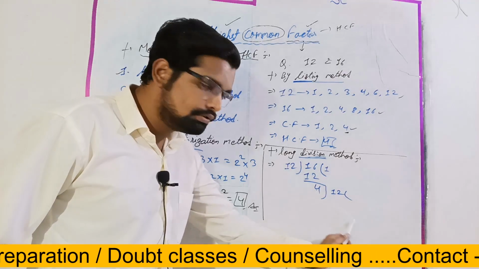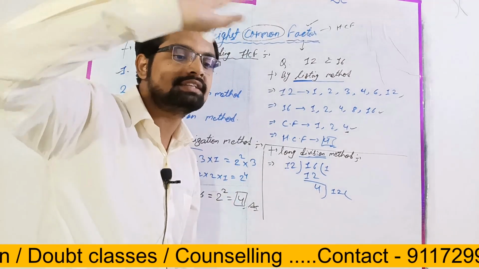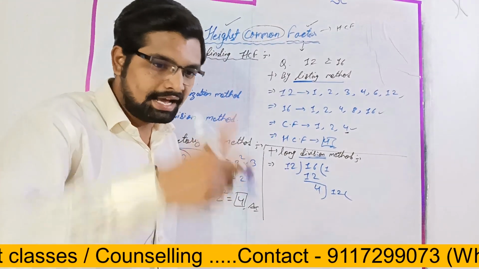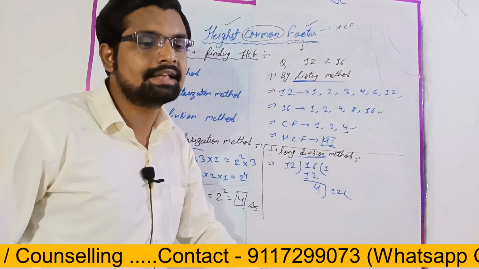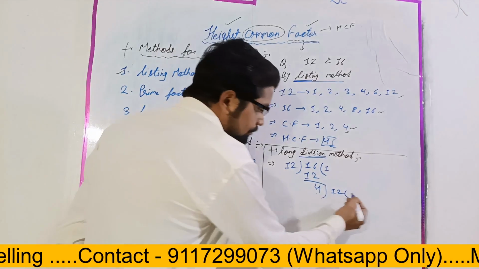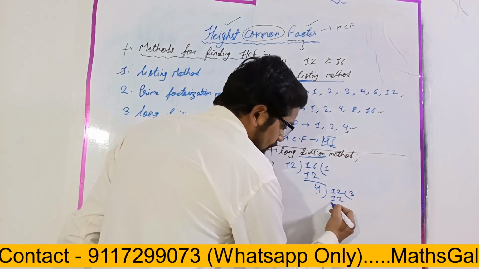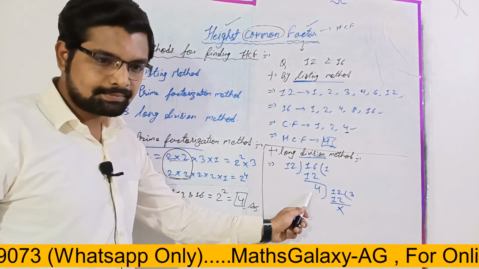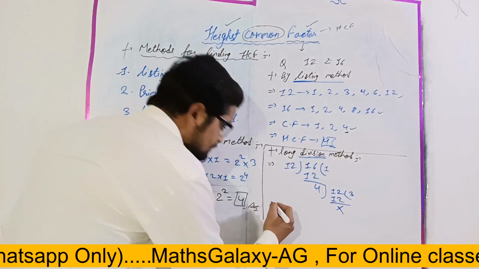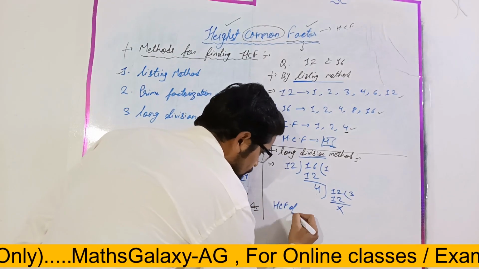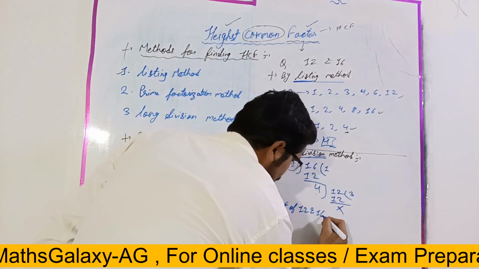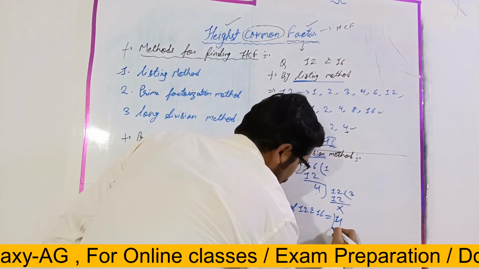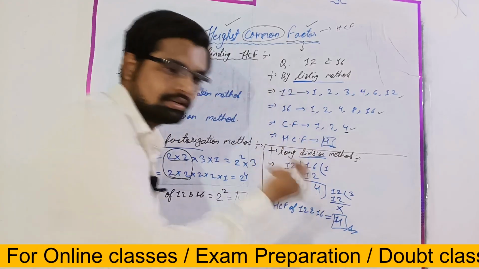We will continue till we get the remainder 0, and the last divisor will be the answer. So as you can see here, 4 3s are 12. Here the remainder is 0 and the last divisor is 4. So HCF of 12 and 16 will be 4. Is it clear? It's too simple.